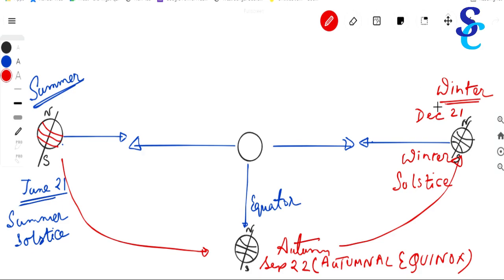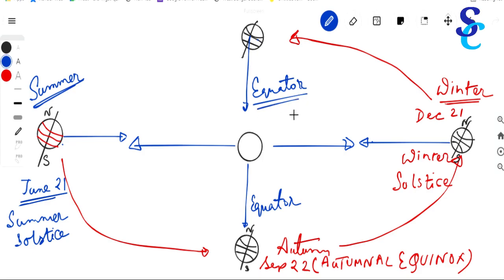Now again, after 3 months, the earth will reach this position. And again in this position, neither the northern hemisphere nor the southern hemisphere will face the sun. The rays of the sun will fall directly on the equator again. And this season will be the spring season.